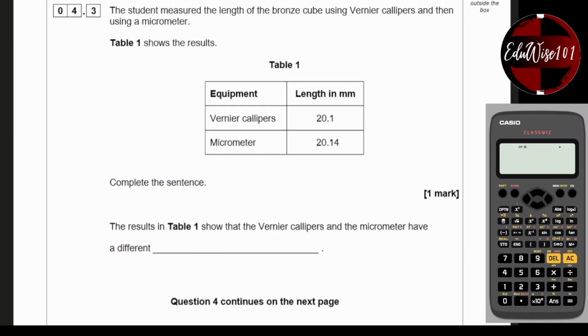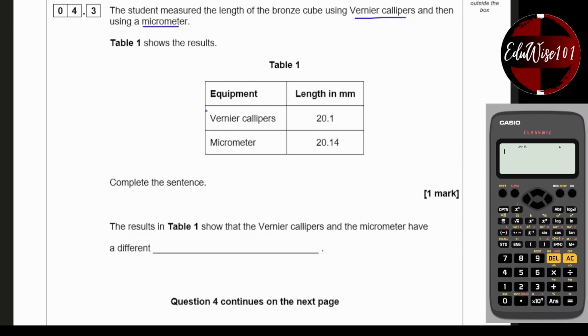4.3. The student measured the length of the bronze cube using vernier calipers and then using a micrometer. Now, vernier calipers and micrometers are two pieces of equipment that can be used to measure the length of small objects.